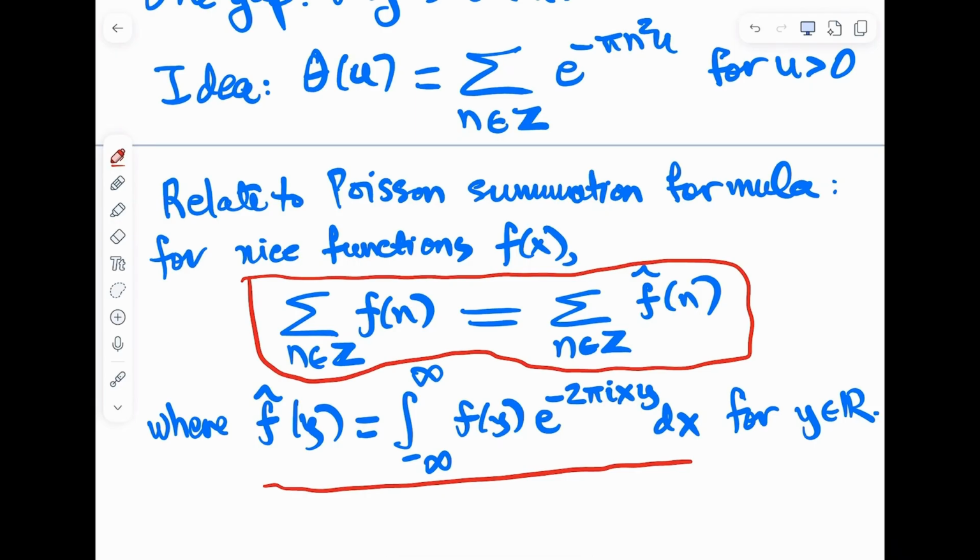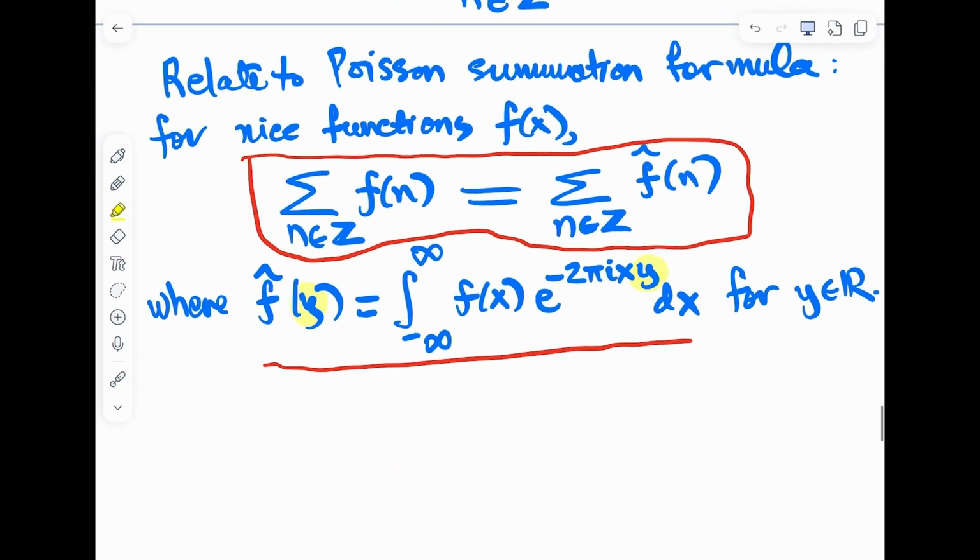The only place where the original variable shows up, your new function f hat is a function of y, and y shows up only in one place, right up there in the exponent. Everything else is your integration variable x. This is a new function.